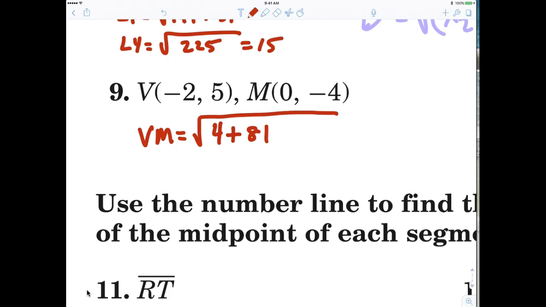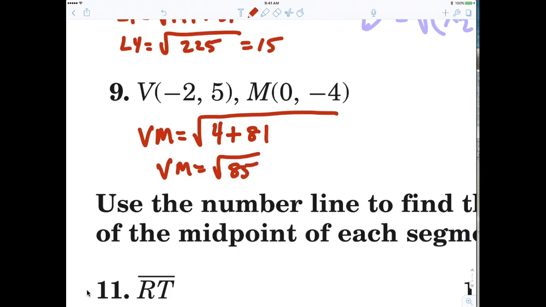So it's 5 minus -4, or -4 minus 5. Again, it's good to make the mistakes right now. You have to be careful with them. So you say 5 minus, the other value is -4. So 5 plus 4 squared, 81. So Vm is equal to the square root of 85.